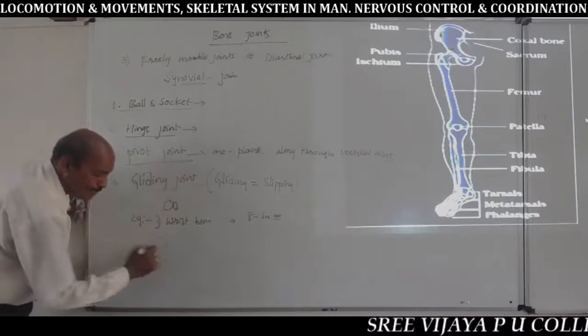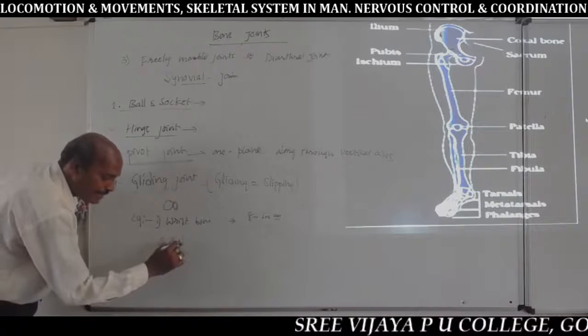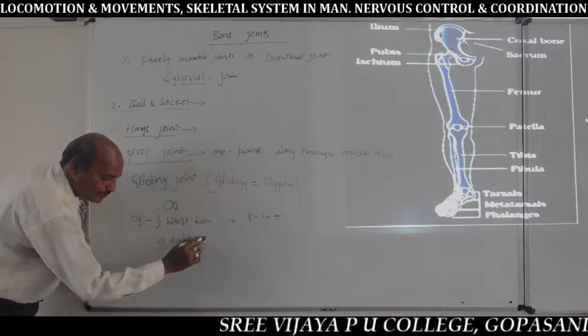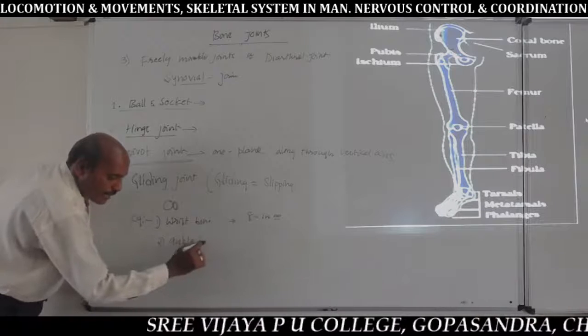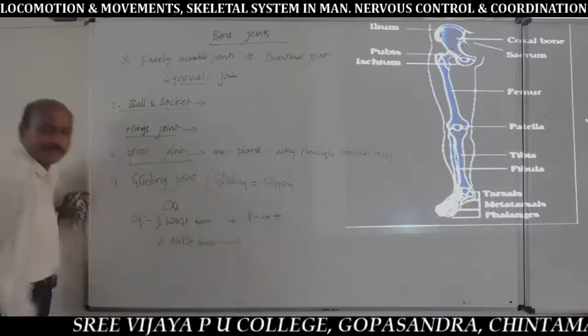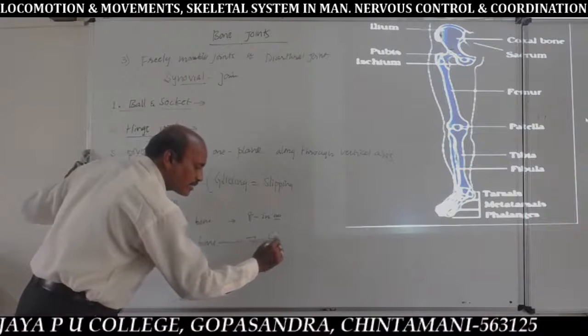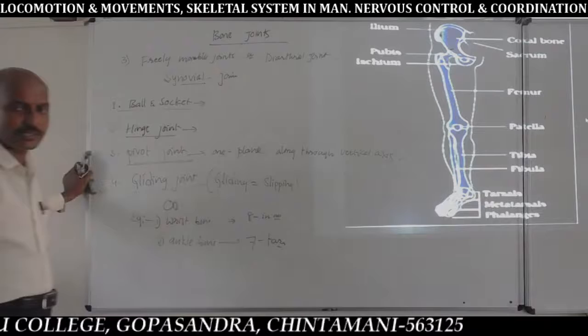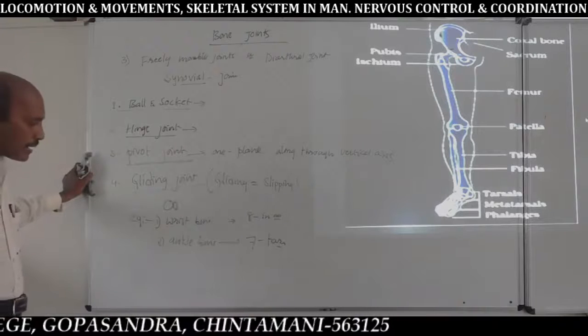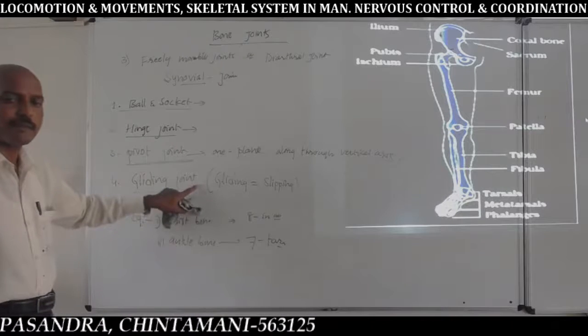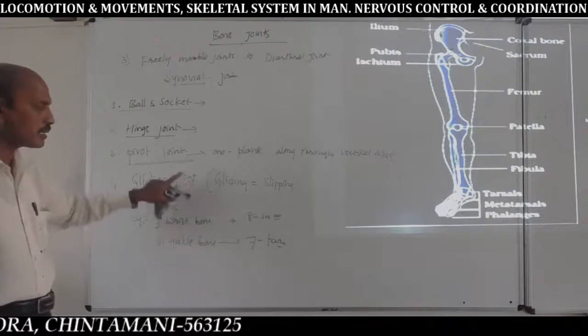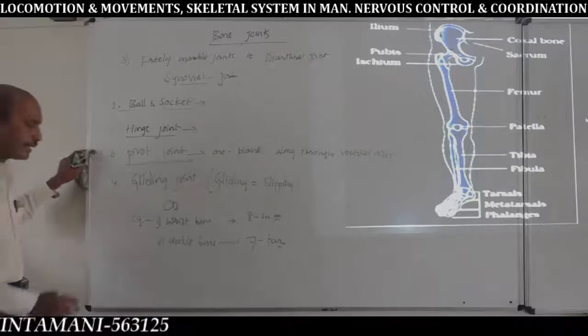And the second example is the ankle joint, the ankle bones. Here the 7 bones of the tarsals, never carpals, the 7 bones of the ankle region show the slippery movement. So ankle bones are a good example of a gliding joint.